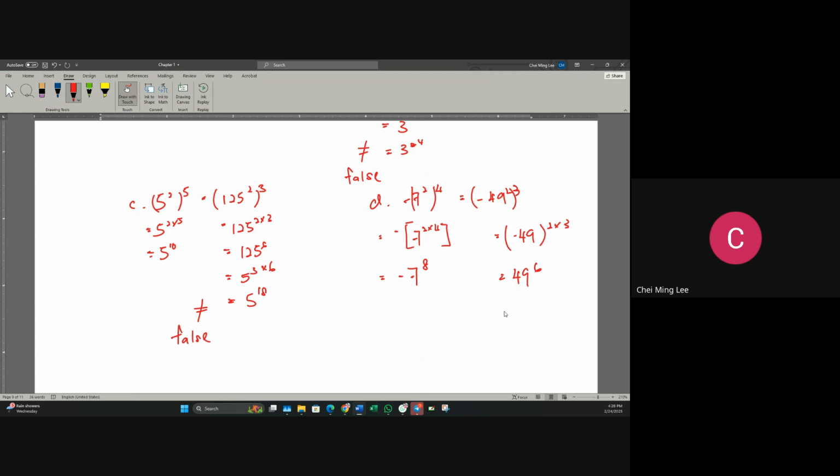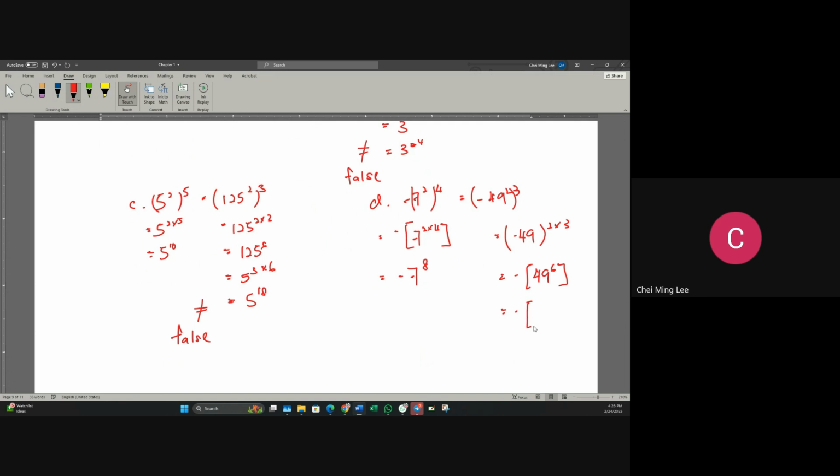And then this one, you can change into 7 to the power of... okay, we don't really need to do so. Or the other way around, I took out negative, so it becomes 49 power of 6.